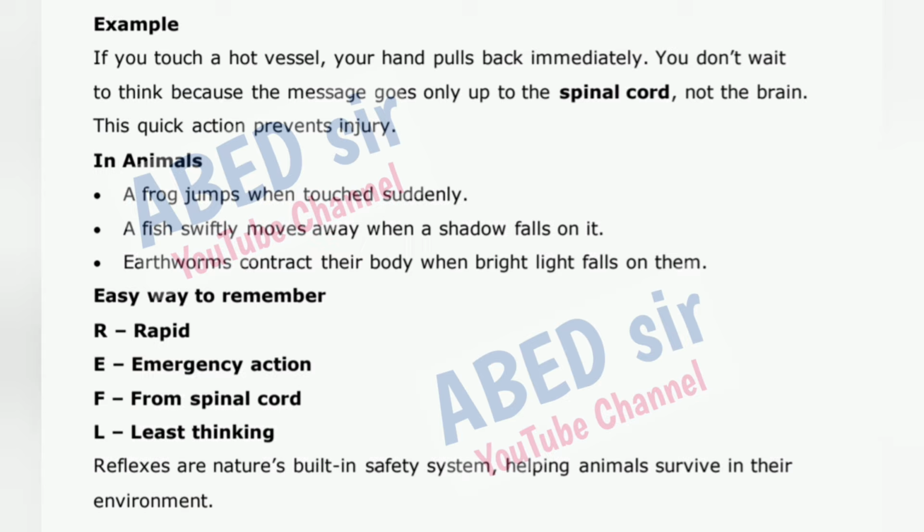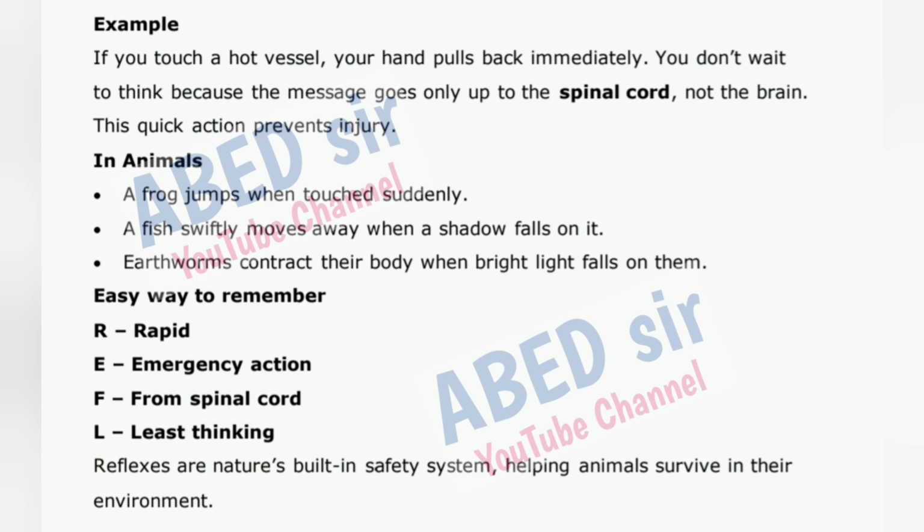Example: if you touch a hot vessel, your hand pulls back immediately. You don't wait to think because the message goes only up to the spinal cord, not the brain. This quick action prevents injury. In animals, a frog jumps when touched suddenly. A fish swiftly moves away when a shadow falls on it.